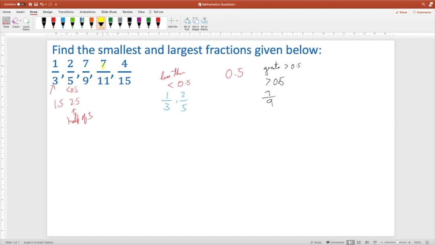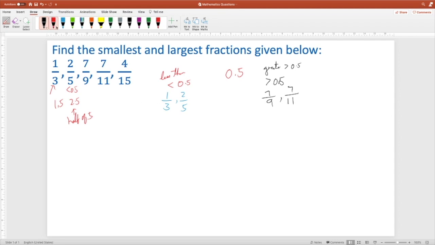That means 7 is more than 5.5. So this one is more than 0.5. So I'm going to put it right here. 7 over 11, is it? Yeah. Okay. So I'm going to erase this and then write in a better way.